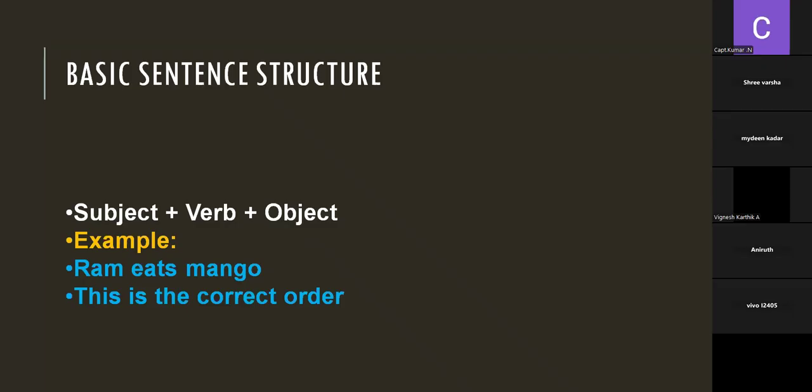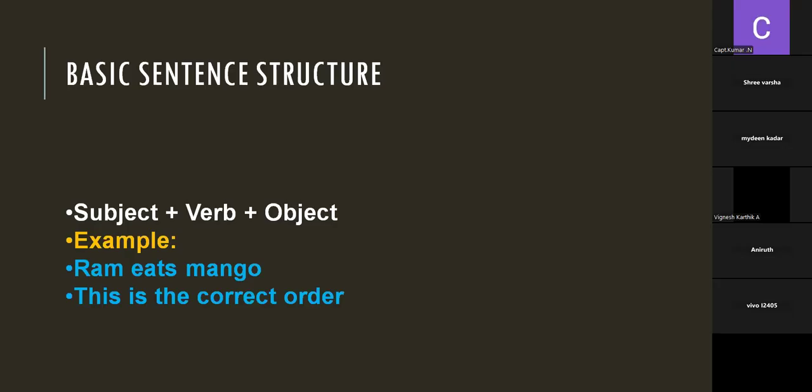This is the correct order. Now let's see the detailed version of them. Most English sentences follow this structure. For example, the teacher explained the lesson. Understanding this helps solve jumbled sentences easily.